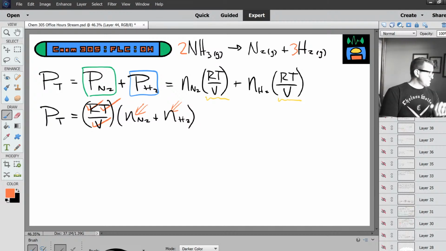We need our balanced chemical equation, and to find our moles of NH3, and then use our balanced chemical equation to find that.